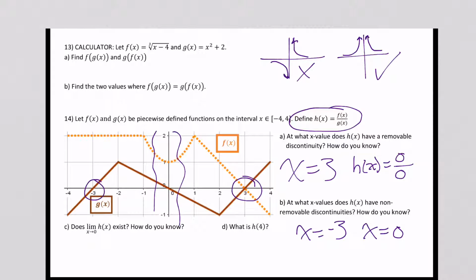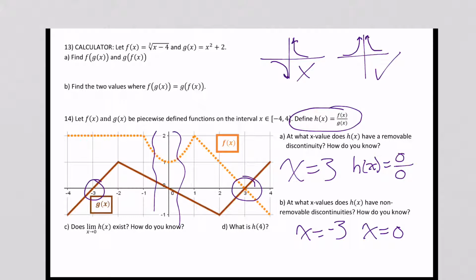For a limit to exist, the graph has to approach the same y value from both sides of the limiting x value. So will that happen here? No, it won't, because g of x crosses the x-axis there. So if you're thinking about g of x as a factor, since it crosses the x-axis there, that factor would have to have an odd multiplicity.